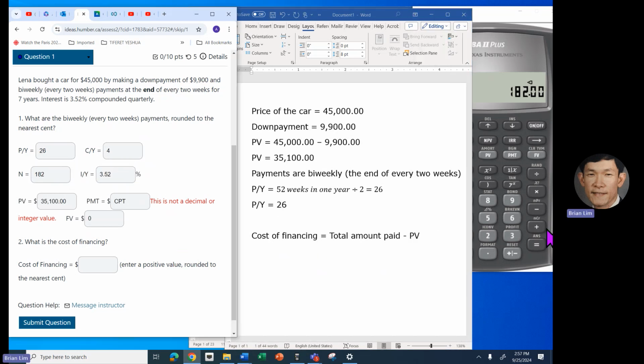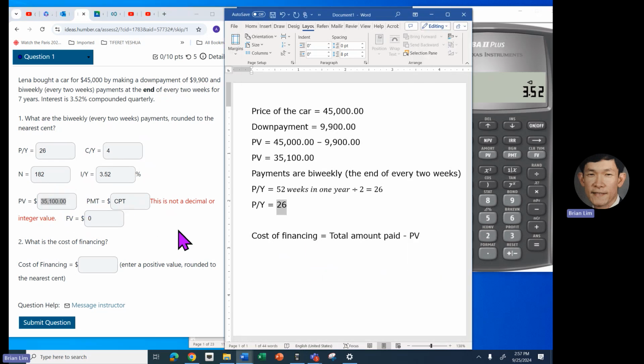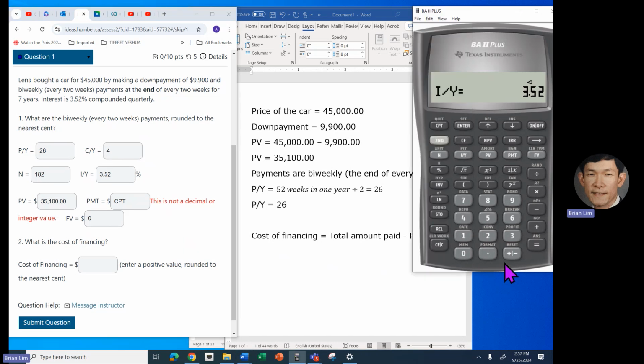The IY value is 3.52, so we insert 3.52. We already have the present value, $35,100, and we can recall it, and there it is. The future value will be 0 because this has to be paid off completely. So 0 for the future value, and now we compute the payments.